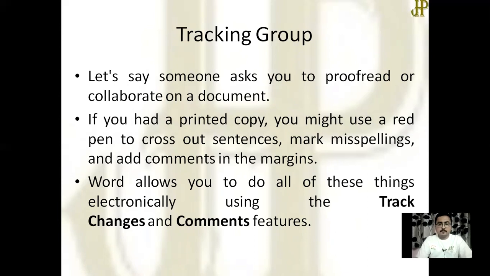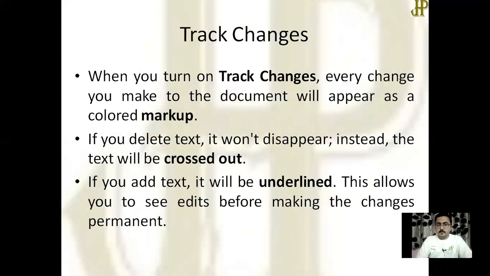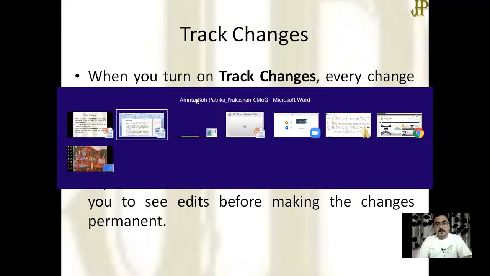Now the writer writes comments on a printed copy of the book. But now, by using the tracking group, you can proofread digitally with the track changes and comment features. Okay? When you turn on track changes, every change you make to the document will appear as a colored markup, as you see here in a comment.